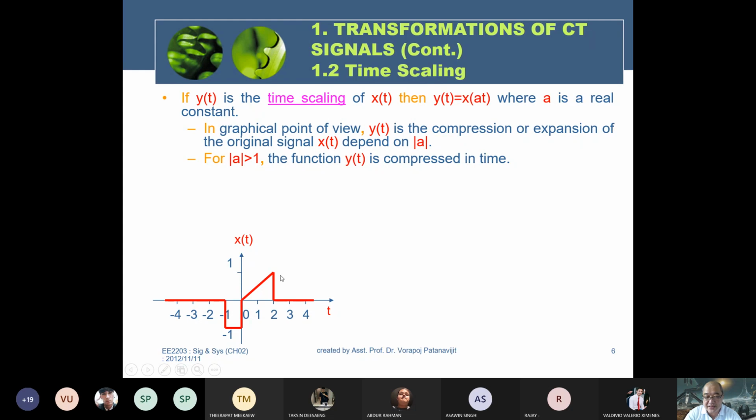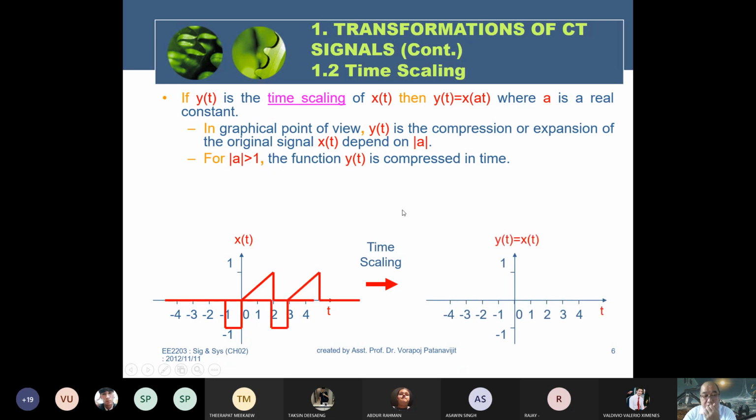If x(t) is the same as the previous example, and a equals 2, what happens to the signal? If a equals 2, it means absolute a is greater than 1, therefore the function y(t), the time scaling, will be the compressed version. It means you compress the signal at every point by 2.